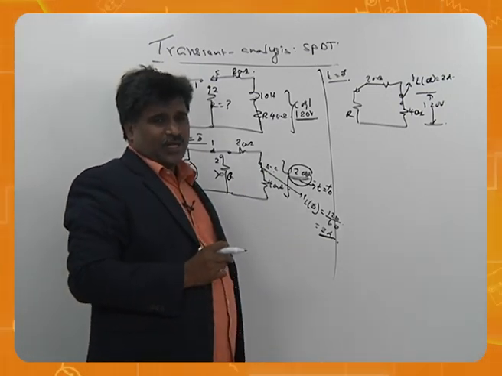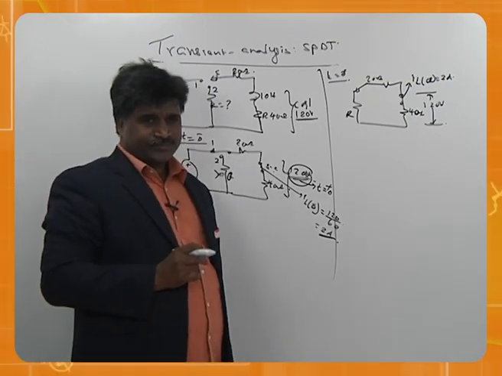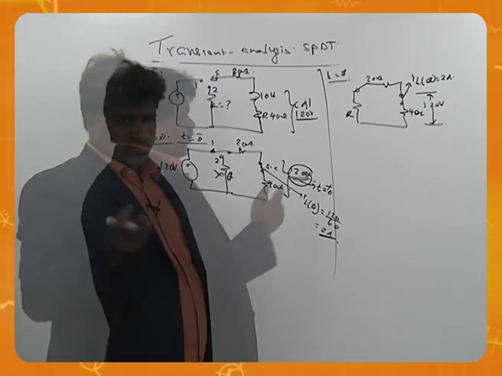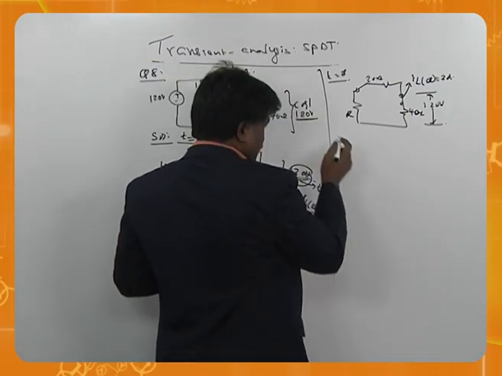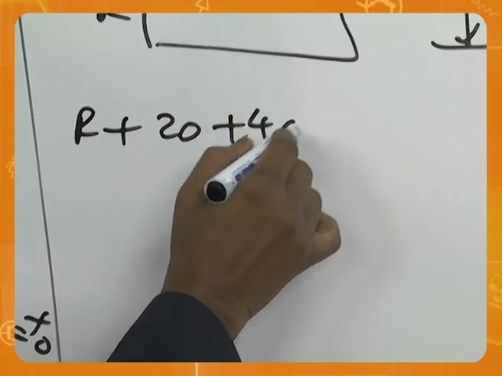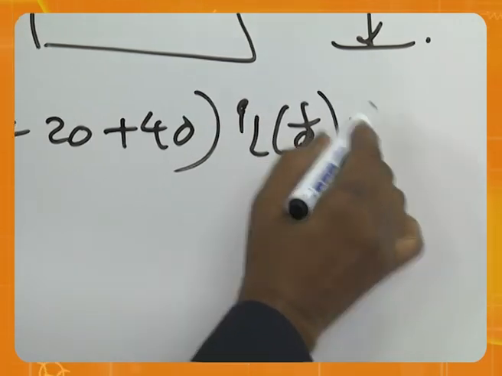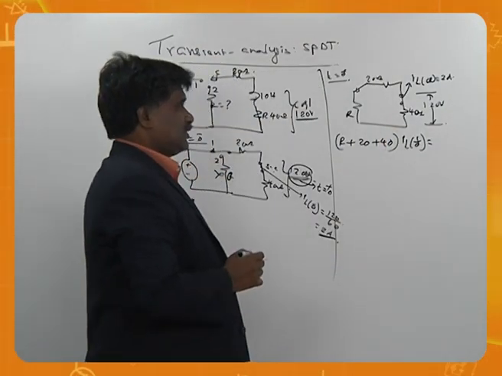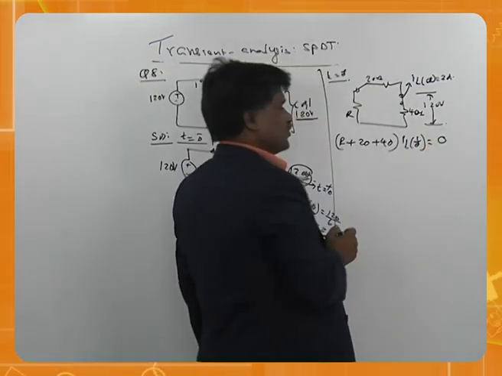What is happening is we have to calculate this value. Apply KVL. When you apply KVL, R plus 20 plus 40 into IL of 0 plus, that is the value, is equal to 0 is one answer.